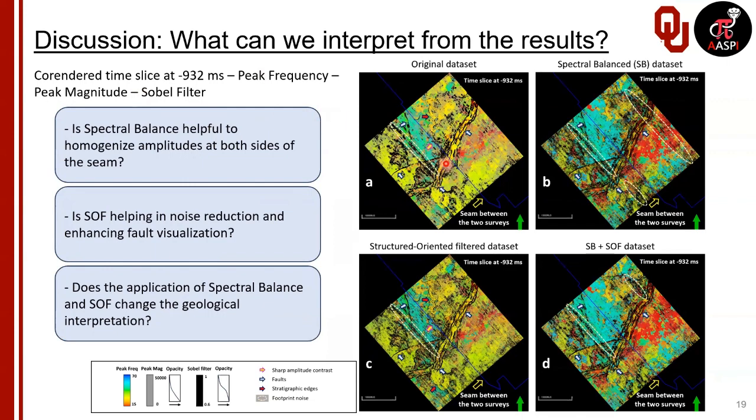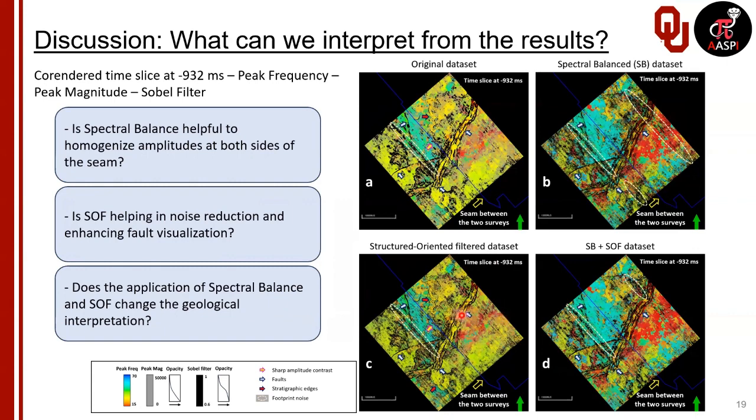We can see here in this time slice that there is a contrast again, which after spectral balancing looks much better. We have a more homogenized distribution of frequencies, which is good.